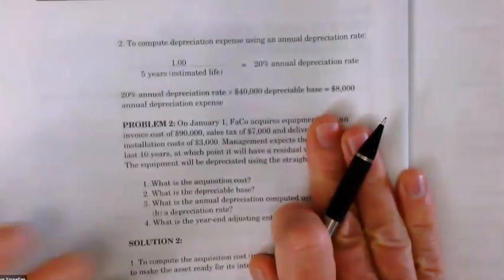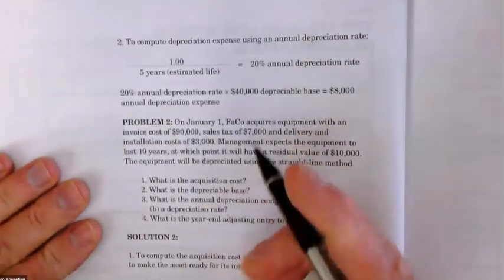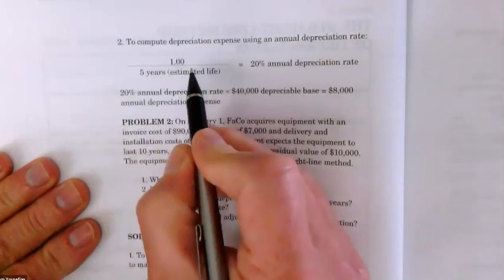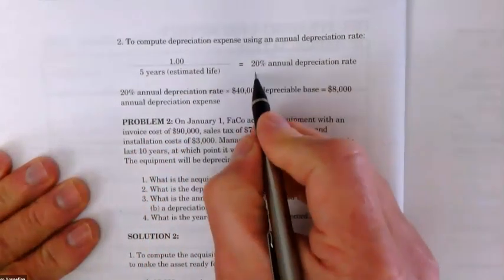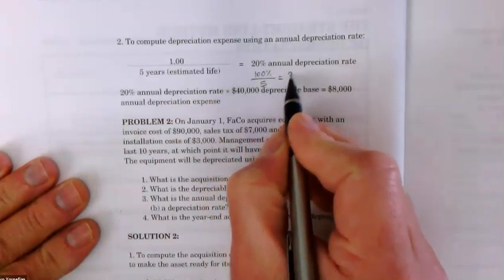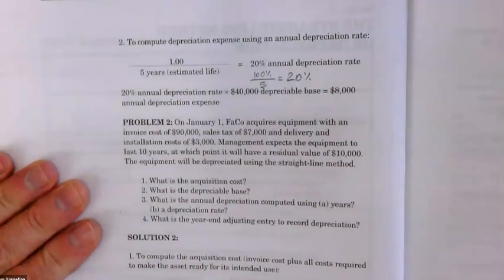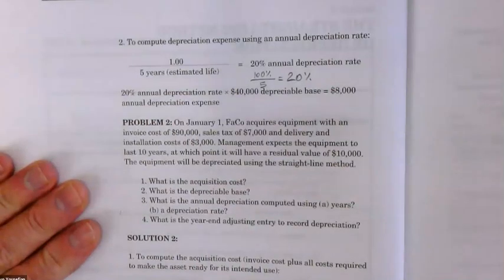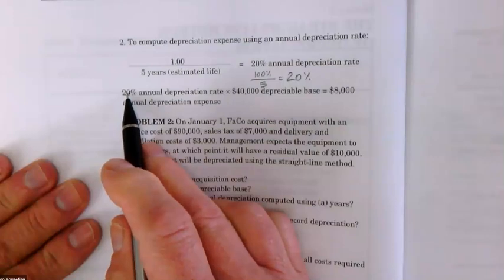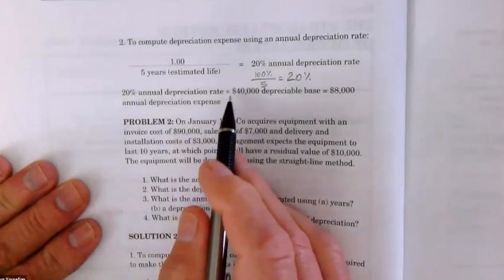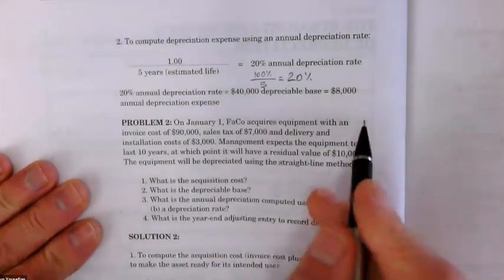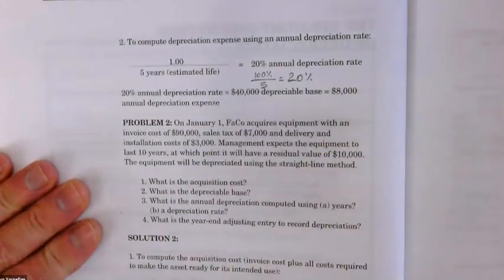And if you want to use the 100% method that I said, 100% divided by 5 gives you a 20% annual depreciation rate. Then you multiply the 20% annual depreciation rate under the straight line method by the $40,000 depreciable base, and you get annual depreciation of $8,000.